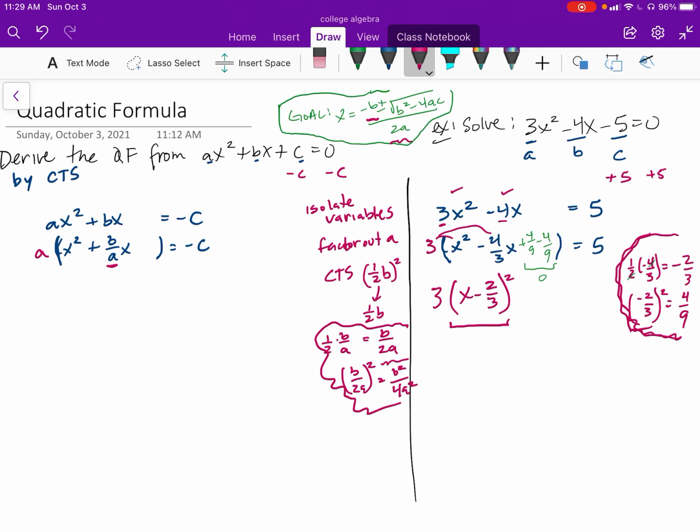I'm going to go ahead and move this down a line. I need a little more room there. Okay, so we're going to add and subtract that b squared over 4a squared. And remember the next line, we have the perfect square.